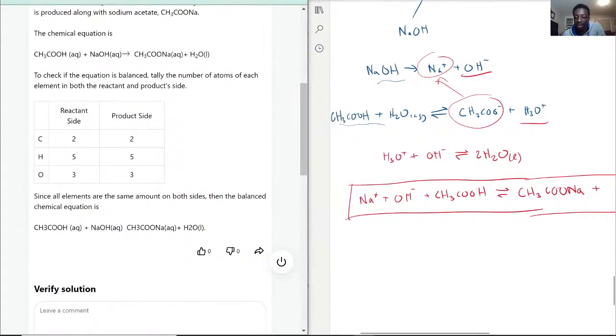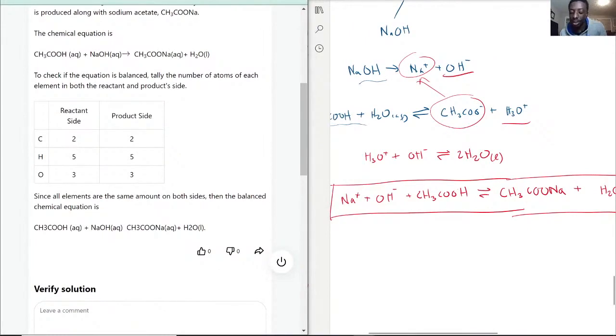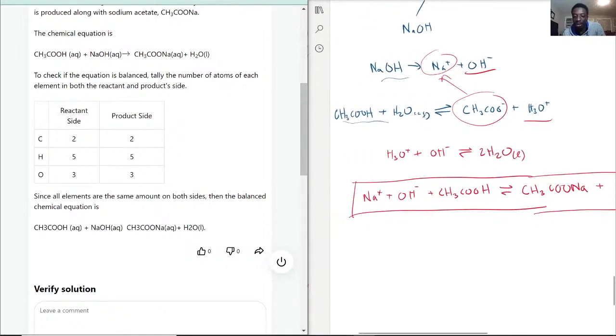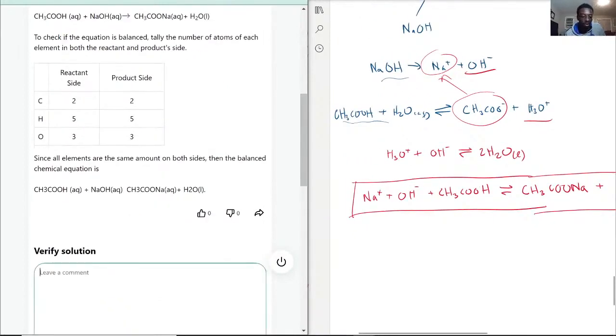And exactly, this is going to be the balanced chemical equation, because as you can see, 1 to 1, OH-, H3O+, and then we're able to cancel out one of the waters. So this would be our formula, and this is correct.